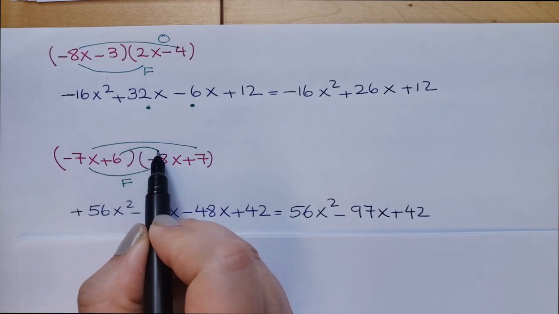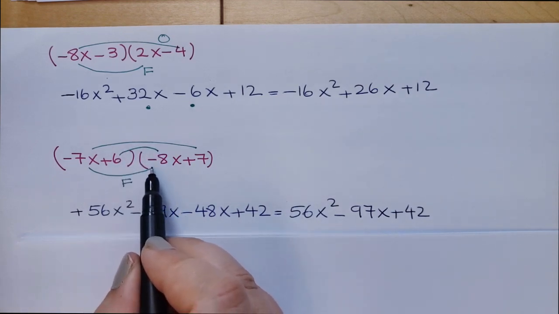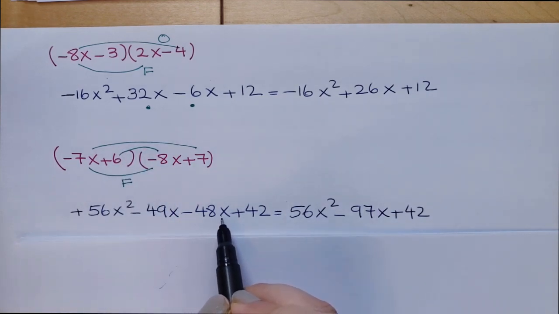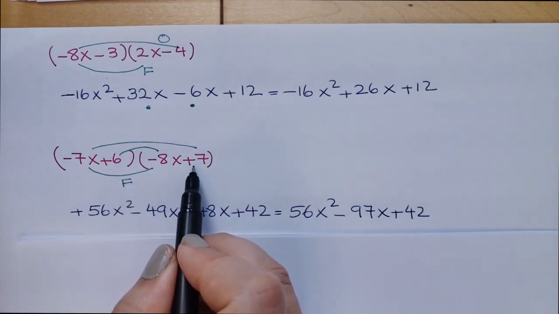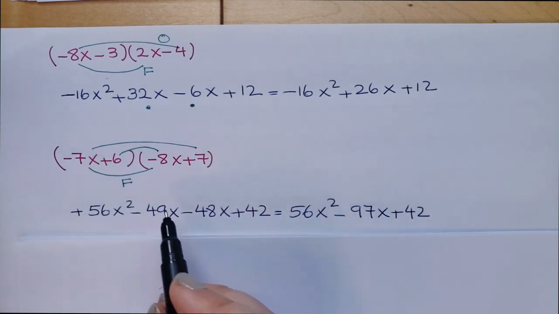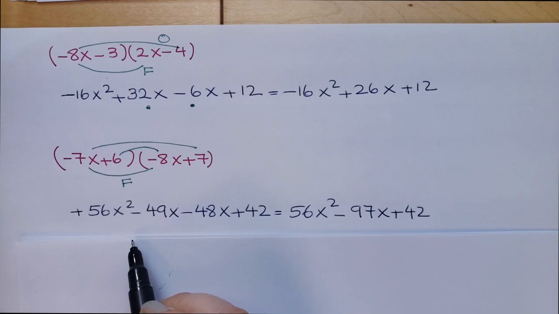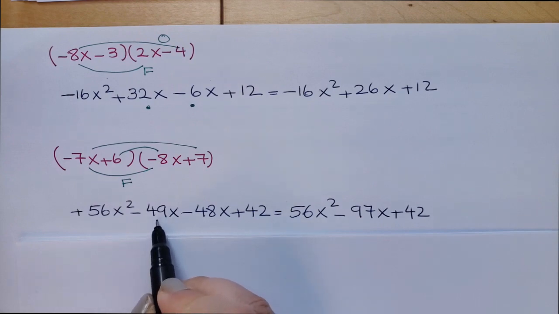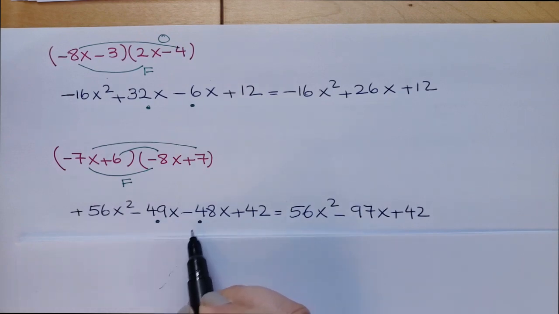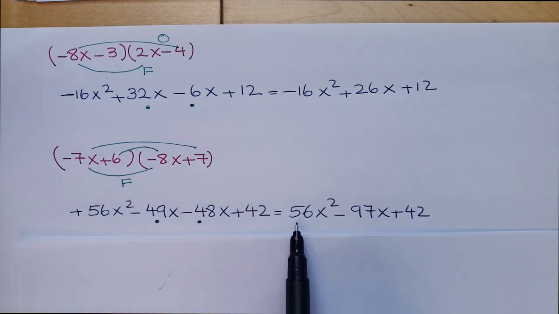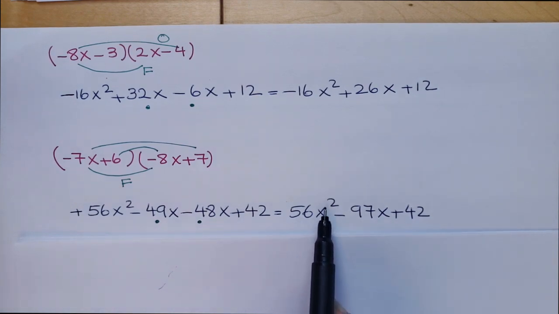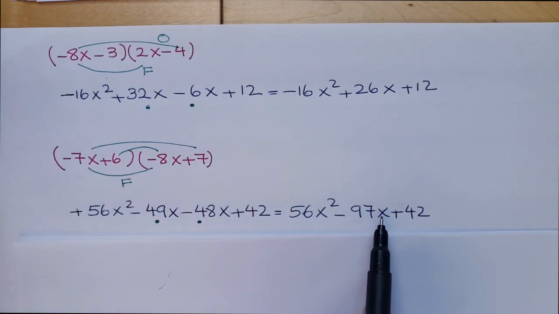Then I, 6 times negative 8x, negative 48x. 6 times 7, 42. And then next step, I have to find the like terms. Here the only two like terms would be the two in the middle. So that would be 56x squared minus 97x plus 42.